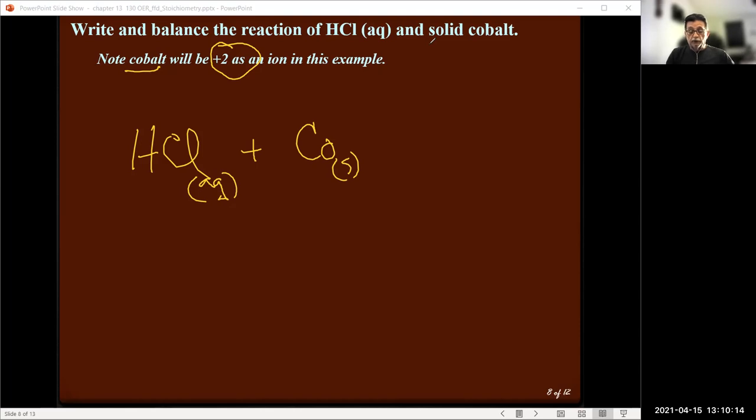One metal is in an ionic state as a compound, and the other one is an element, right? And the metals interchange. But then you might ask, oh, wait a minute, but hydrochloric acid, there's no metal in there. And you are correct.